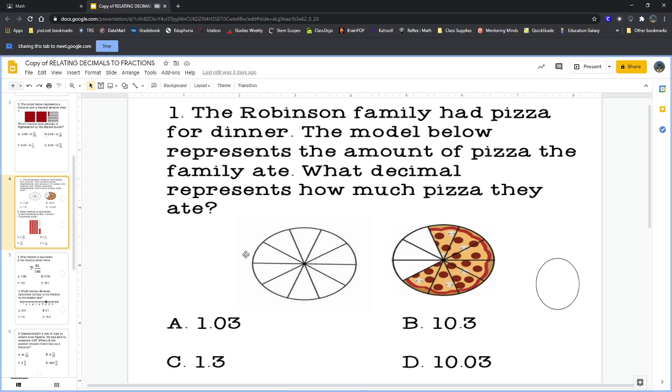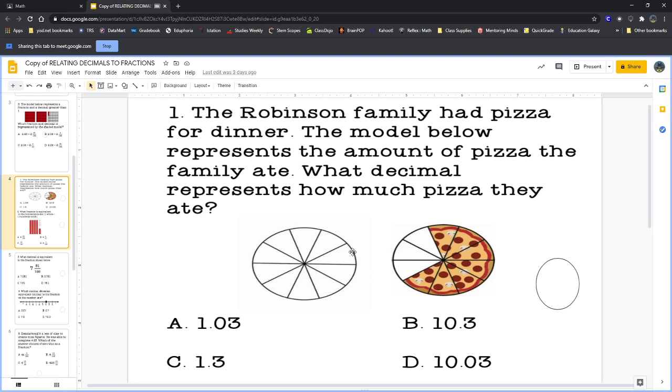How many pieces did they eat from that second pizza? They ate one whole pizza, and then how many pieces from the next one? Christopher, how many pieces of the second pizza did they eat? I can see the first whole pizza's gone, but then there's some pieces gone here.